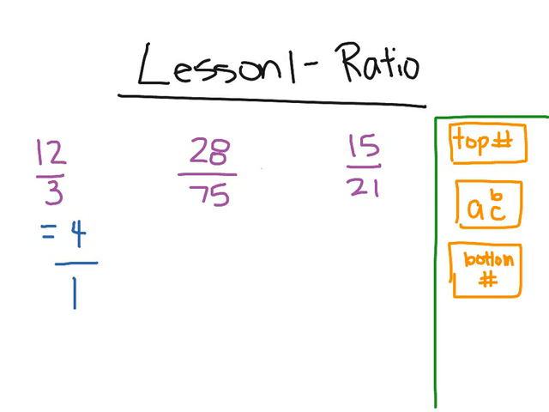Let's do the next one. 28 ABC 75, and you get 28 over 75. This cannot be simplified anymore. This is already in its simplest form. Next one. 15 ABC 21, we get 5 over 7.